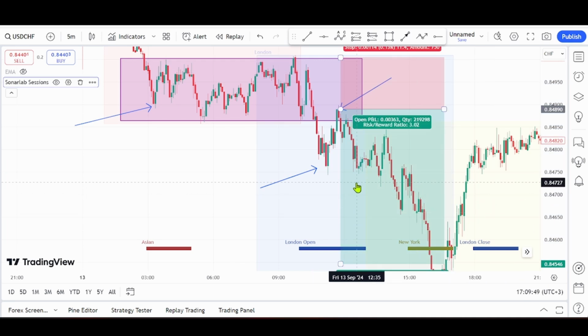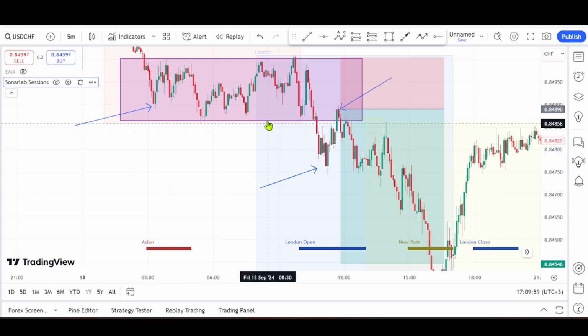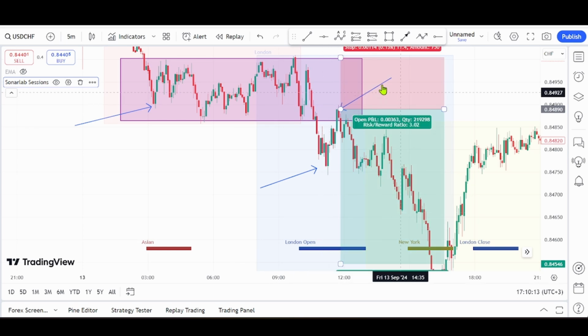Now, this is what I normally do before getting involved in a new market or in a new pair. You do the backtest, and this strategy is one of the powerful strategies that I normally use every single time. We can see the first stage is the accumulation, where the market was in consolidation, this accumulation zone.